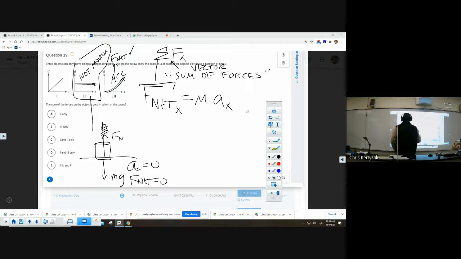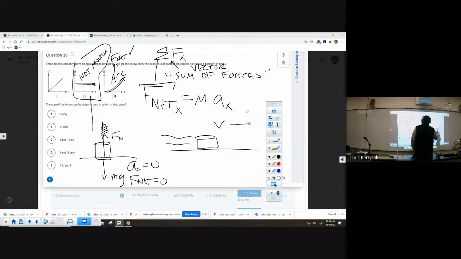That one has to be included because they asked which graph represents something that has a sum of forces of 0. As well as if something is moving, like an ice hockey puck moving along at a constant speed, and there's no friction.